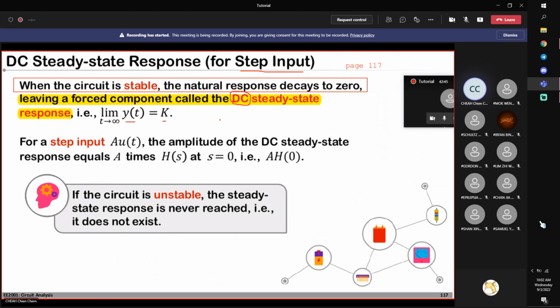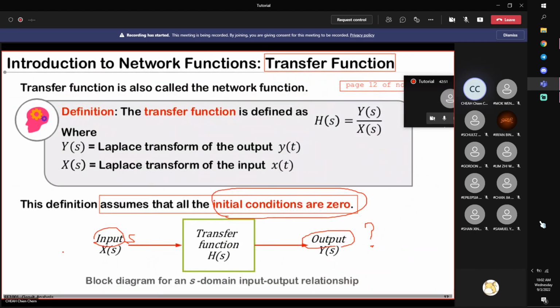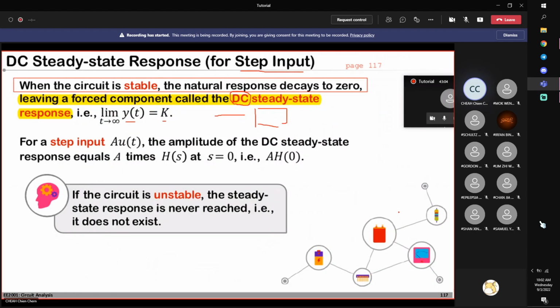Actually this is quite easy to understand. If you have a DC input to your model, it just means that finally your output will be DC, a steady state. So at steady state, I should have a constant. Constant means DC.